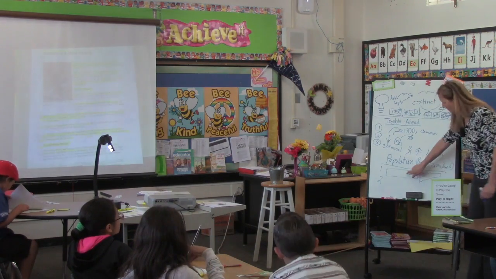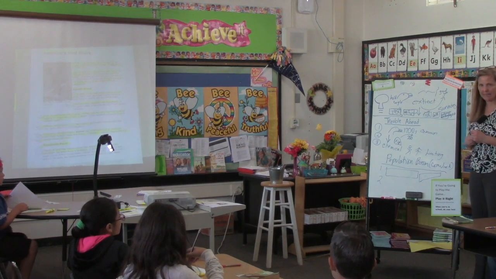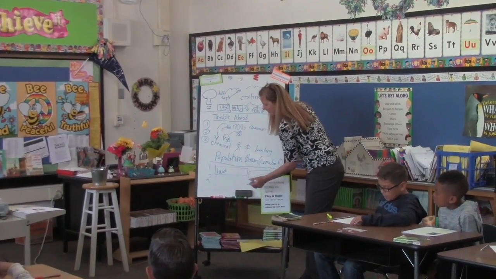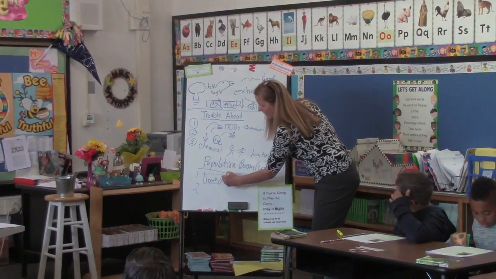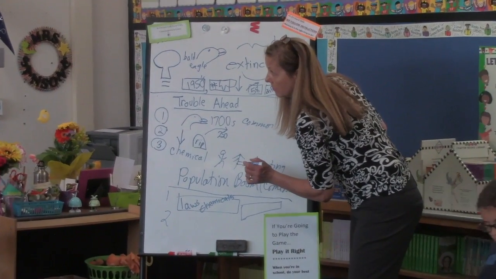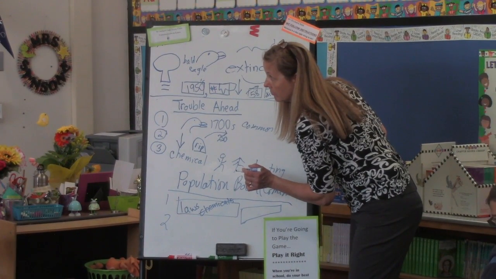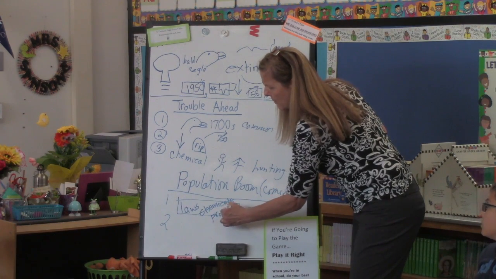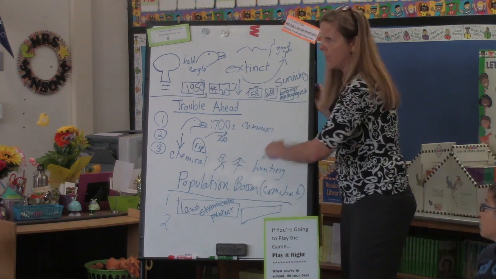So, what are we talking about that helped their comeback? The law. Laws to do what? Ban harmful chemicals. And what else? To help protect the bald eagle. So nobody can shoot them. If you say protect the bald eagle, what was hurting them up here?